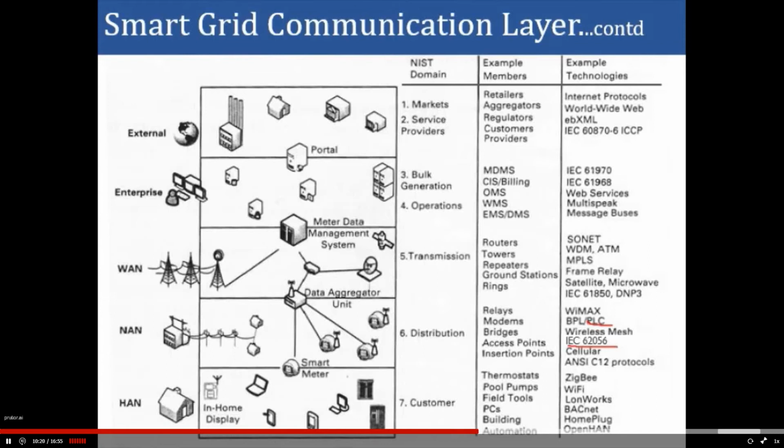Now, after the data concentrator unit, the data travels to the control center. At the control center, we will have a metadata management system to accept the metadata. For other information collection, we will have a SCADA system also at this level, where the substation related data will be collected.